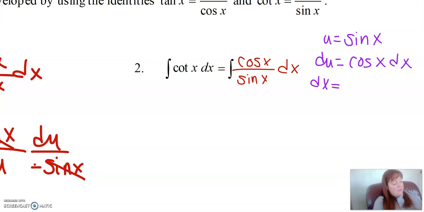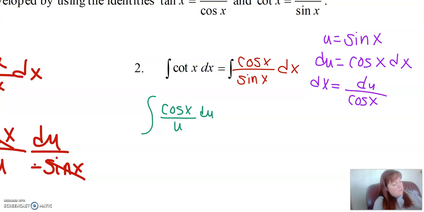That means dx equals du over cosine of x. So now I can do my u substitution. So I'm going to put in cosine x over u du over cosine x. Cancel those two out, and I just end up with the integral of 1 over u du. Notice I have no negative sign because the derivative of sine is just straight cosine.